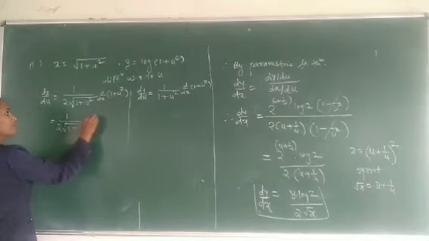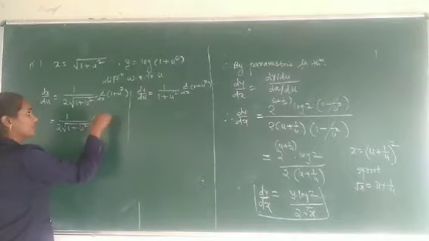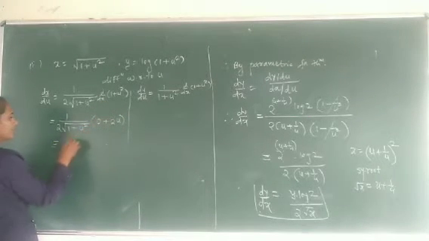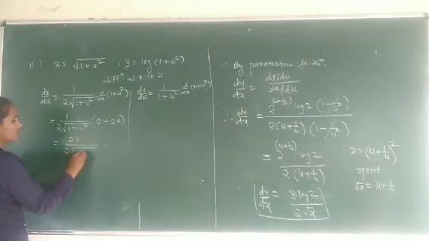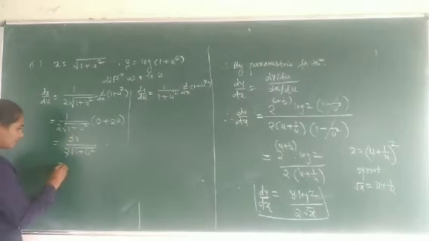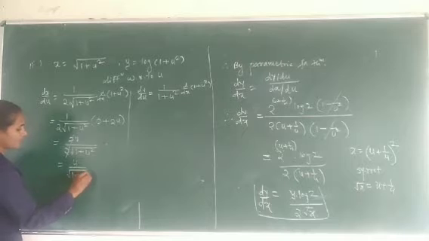What is the derivative of 1? That is 0. Plus the derivative of u square is 2u. So here we get 2u upon 2 root 1 plus u square. Now this 2 will get cancelled, so the remaining terms are u upon under root 1 plus u square.